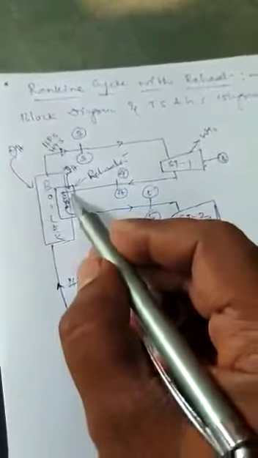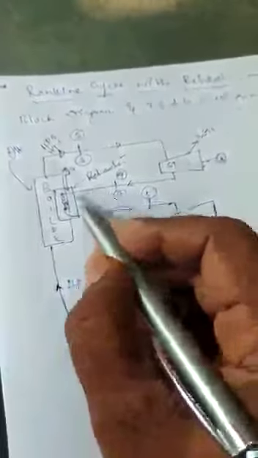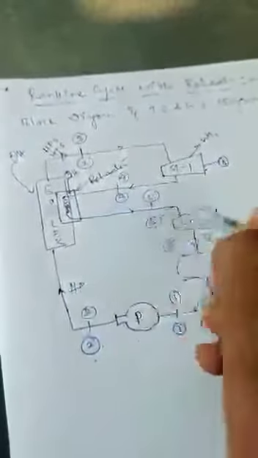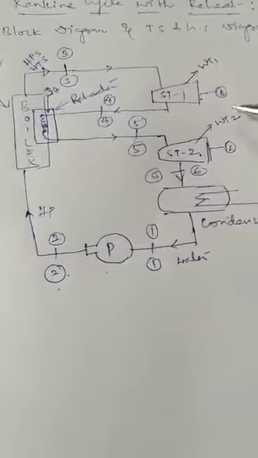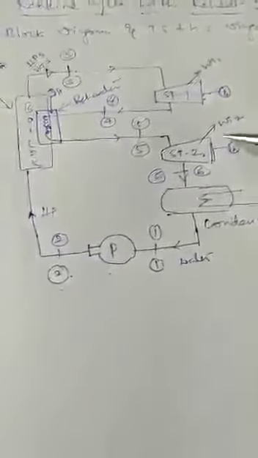It is still in the form of vapor only. Once it comes out from the reheater, it enters steam turbine 2. Here also work is done by turbine 2. WT1 plus WT2 is the total work we can extract from the turbines.